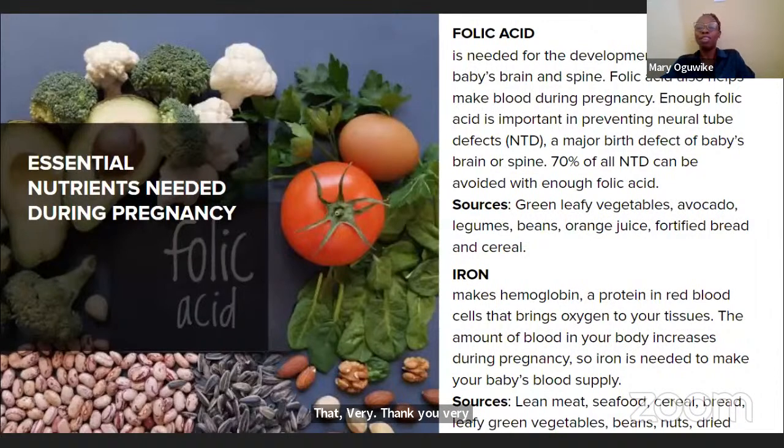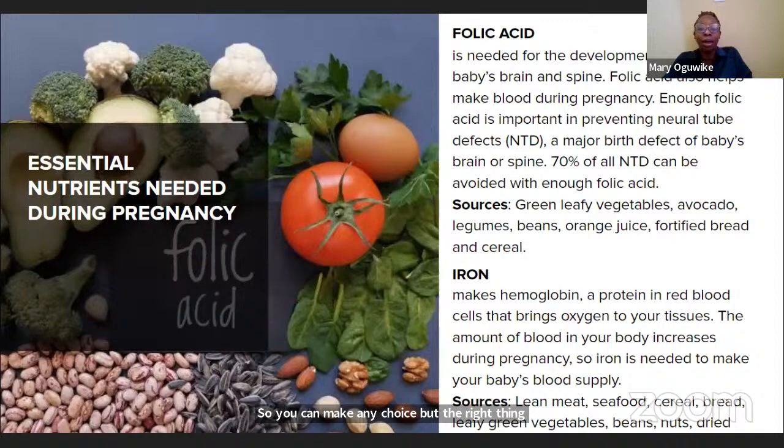Yeah, so the major sources of folic acid are green leafy vegetables. We have the avocado, we have the legumes, which include beans, soybean, we have the orange juice and fortified bread. And luckily for us, we all have these sources in Nigeria. So you don't have any excuse to say, I couldn't find any source of folic acid. They all exist in Nigeria. So you can make any choice, but variety is important.